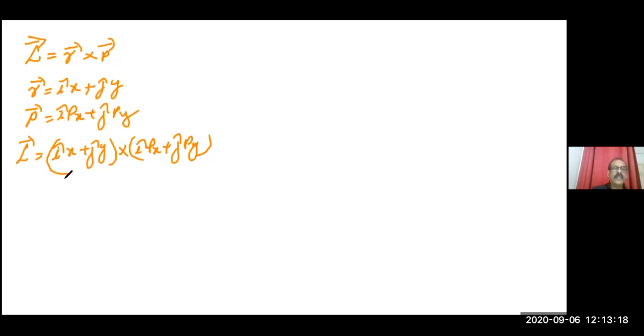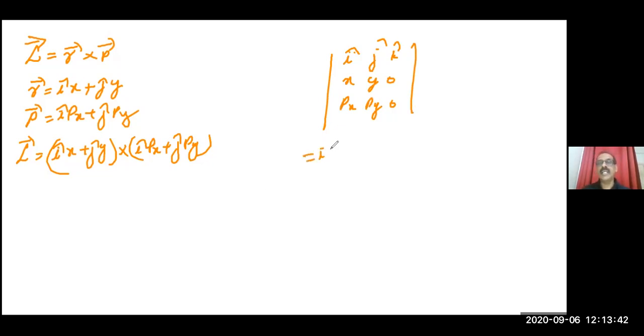Now we have to make a cross product. I, J, K; X, Y, 0, it has no Z component; Px, Py, 0. We have studied the cross product in the second unit. Here, I into this row cancelled, column cancelled: Y into 0, 0 into Py, 0.